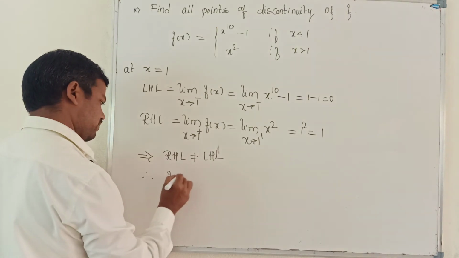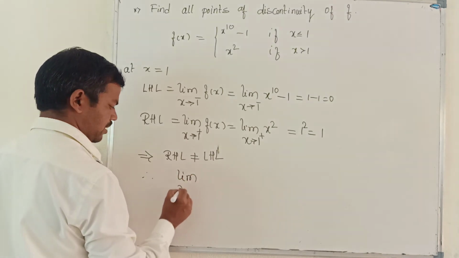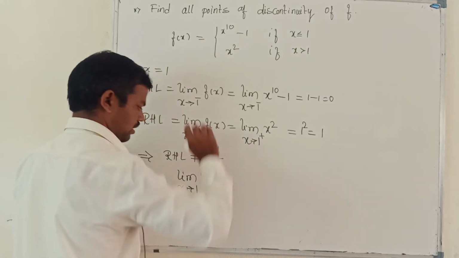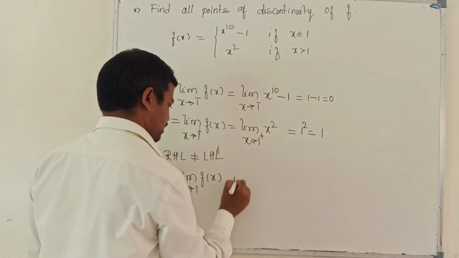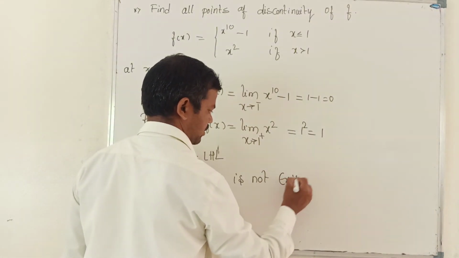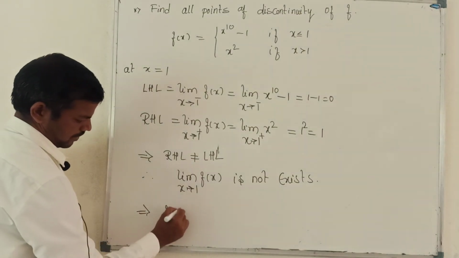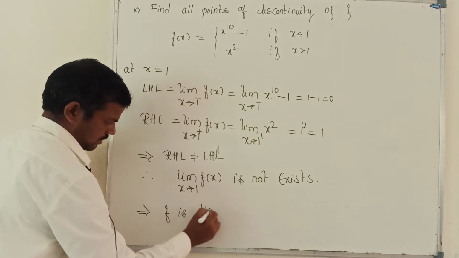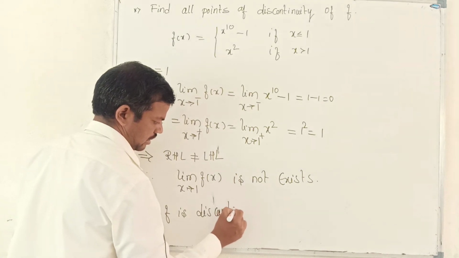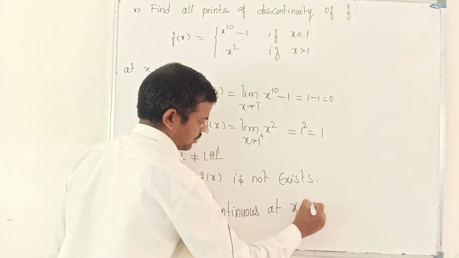Therefore, limit as x tends to 1 of f of x does not exist, which implies that f is discontinuous at x equal to 1.